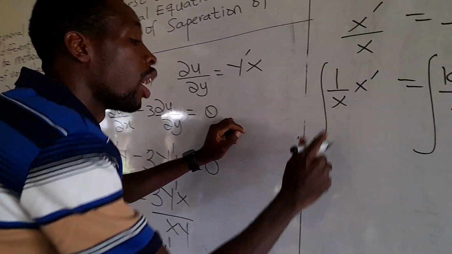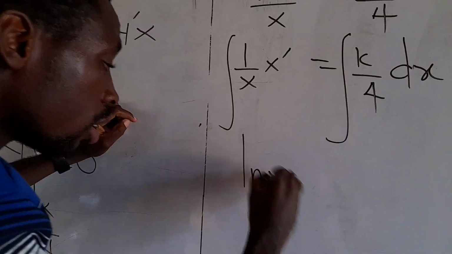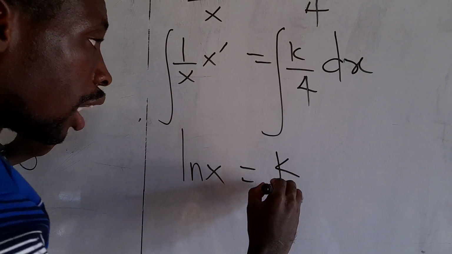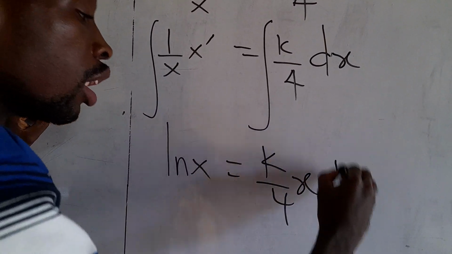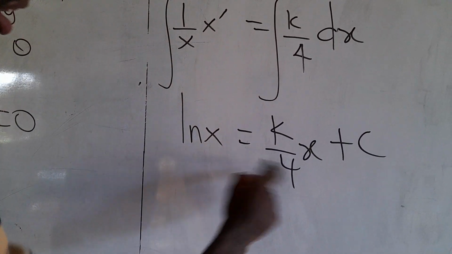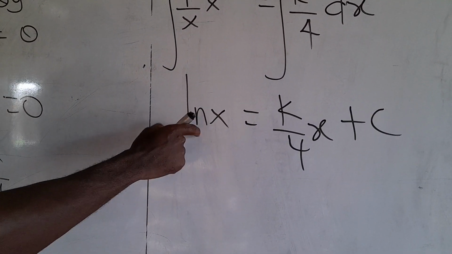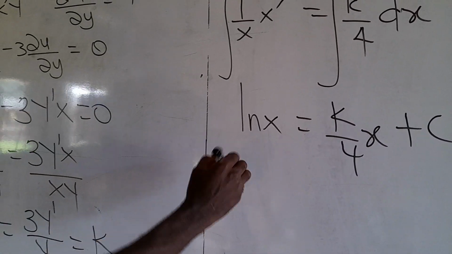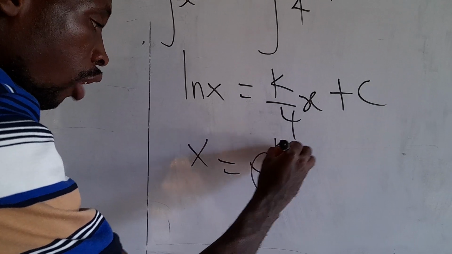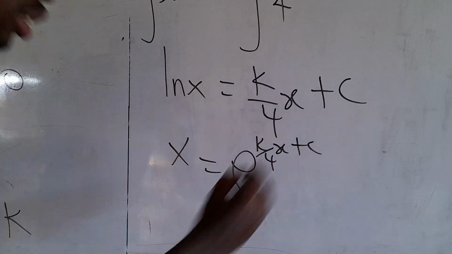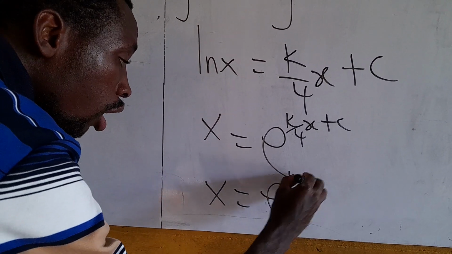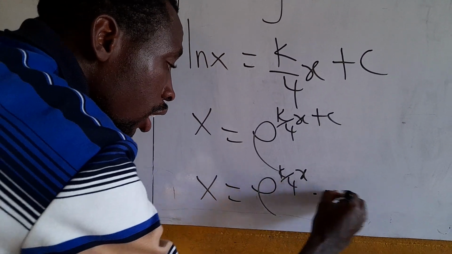So when we integrate 1 over x, we get ln x, and to equal to, this is just a constant, so it's just the attachment of the variable to it, then plus our constant of integration. So we can find, ln is a log with a natural base e. So our x can be equal to e exponent k over 4 x plus c. We can rewrite this as x equal to e exponent k over 4 x times e exponent c.